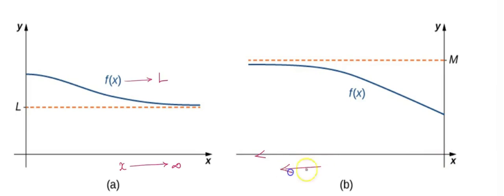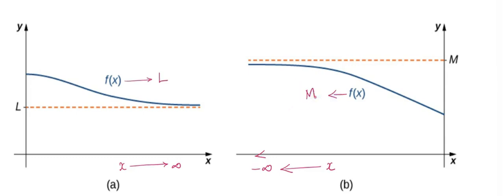So as the x values approach negative infinity, they get very, very small. Corresponding to those very small x values, your f of x seems to be trailing very close and getting closer and closer to this value M. So f of x approaches M.